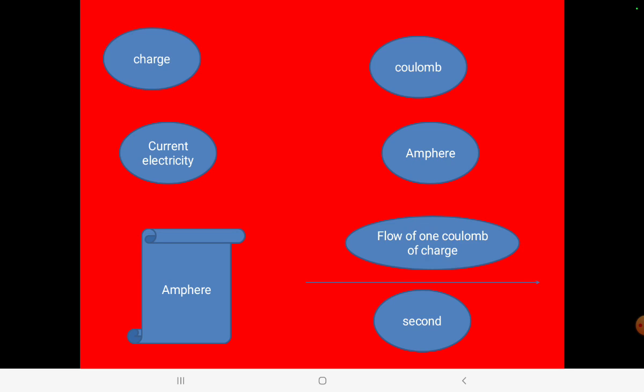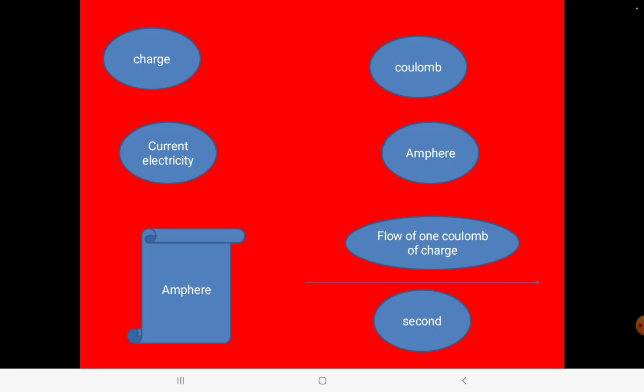Here we learned about some particular terms, that is charge. Charge gives some influence around it. This charge arises because of an intrinsic property of the atom, from the fundamental particles.